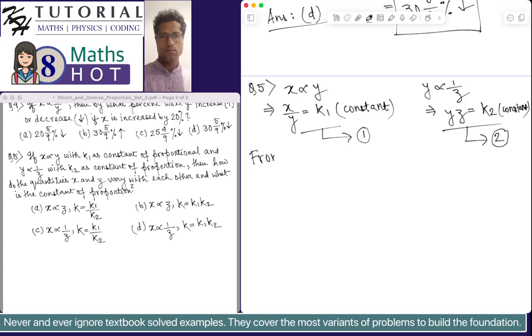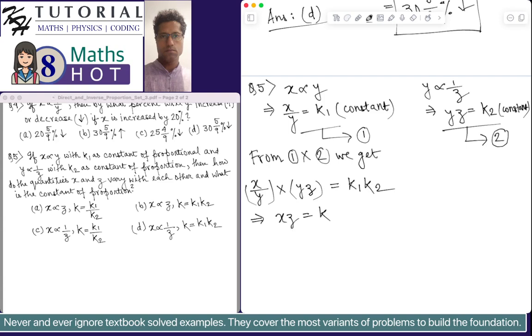So from 1 multiplied by 2, multiplying all the LHS, x by y multiplied by yz will be equal to k1 and k2. If you simplify the left hand side, it becomes xz is equal to k1 k2.